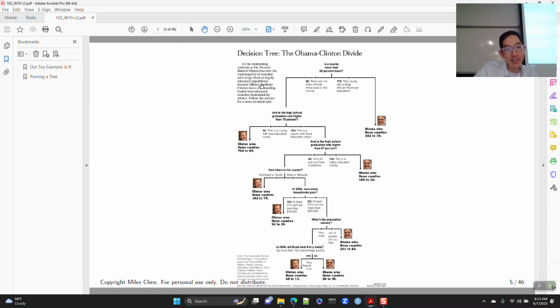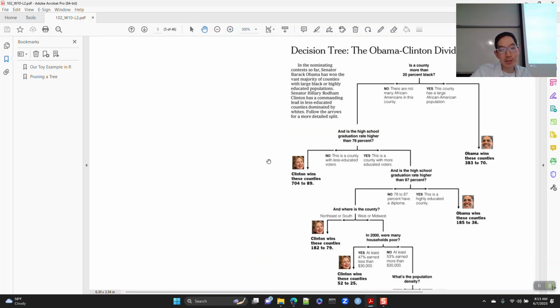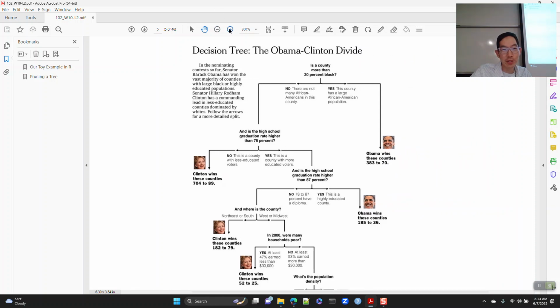Okay, this is like a blast from the past. So this was in 2008. I don't know how old you guys were in 2008, but this was when Obama was elected president. In the first half of 2008, there was the presidential primary, and there were several Democratic candidates. Anyway, this is a decision tree that was published in the New York Times.